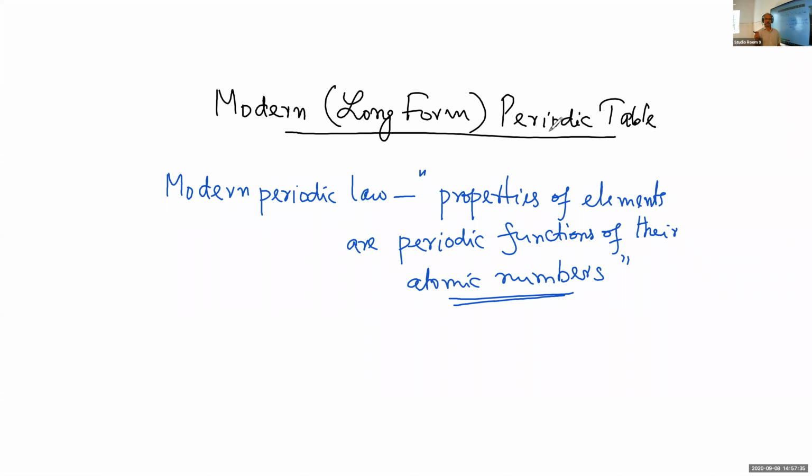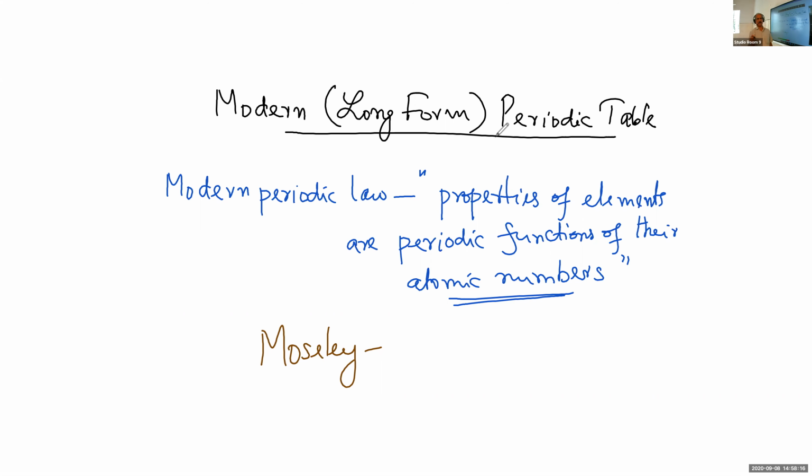It was proved by Henry Moseley, which you also studied in the 10th standard. He proved that atomic number is the fundamental property of an element, not atomic mass. He was studying the X-ray spectrum of elements, and he plotted the square root of frequency of the X-ray radiation against atomic number.